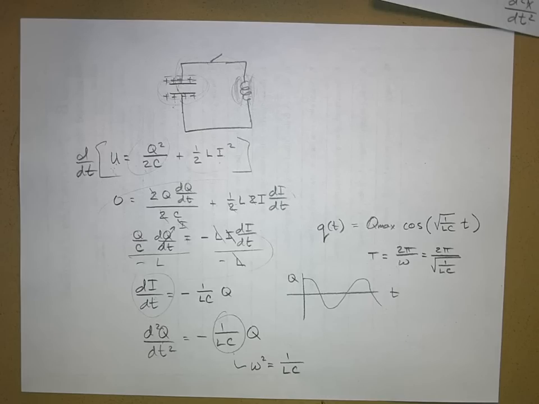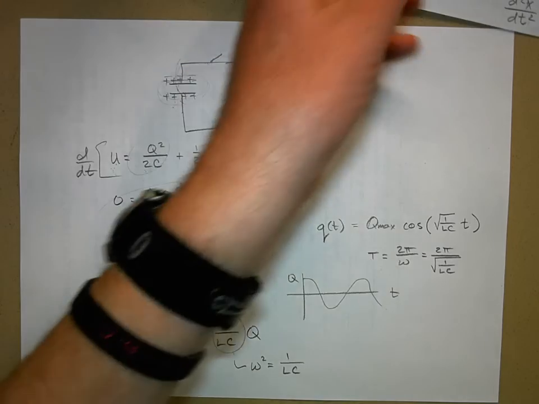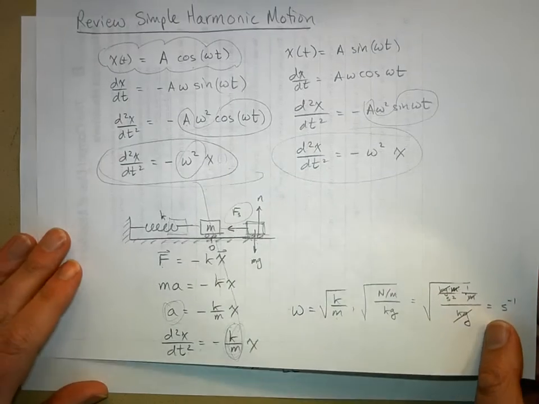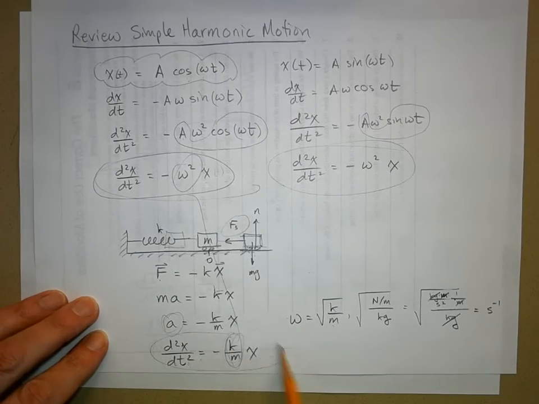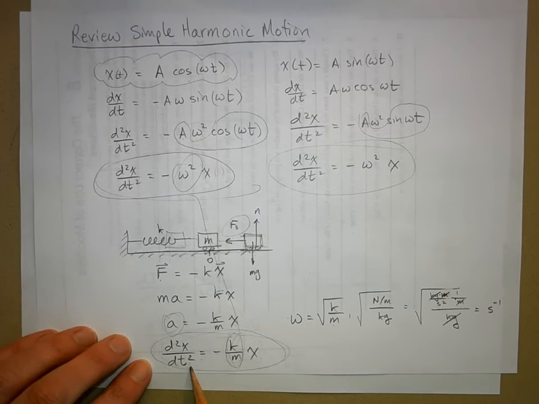All right, now this all works. But what I really want to get to with this review is this. I had a mass spring system, and we ended up with the second derivative being equal to the original function, but with a negative and a constant out in front. What's the solution to that?